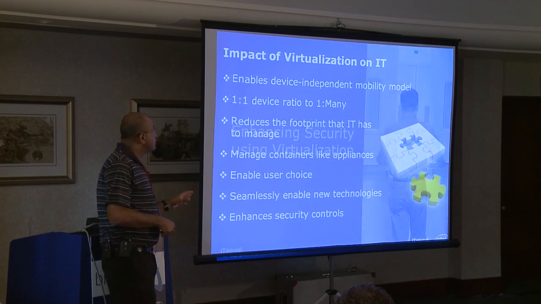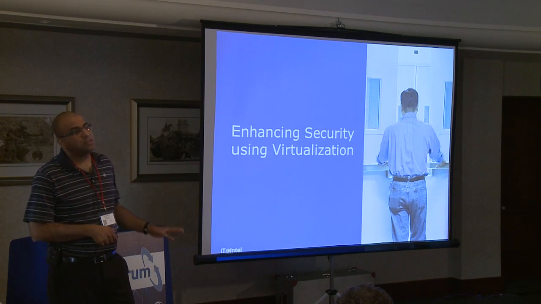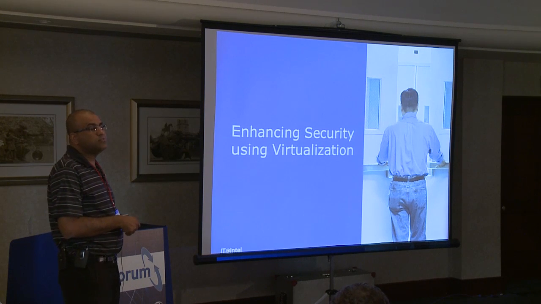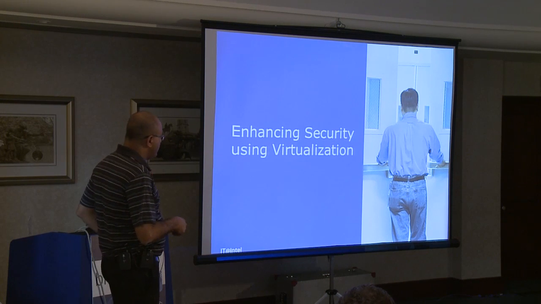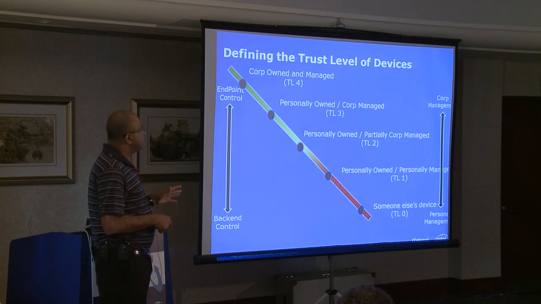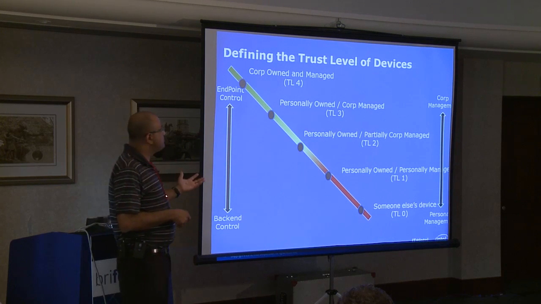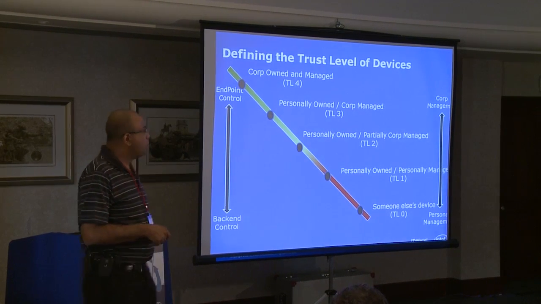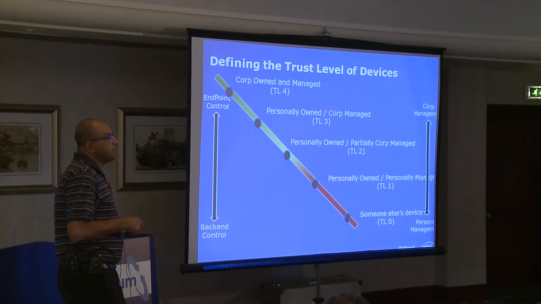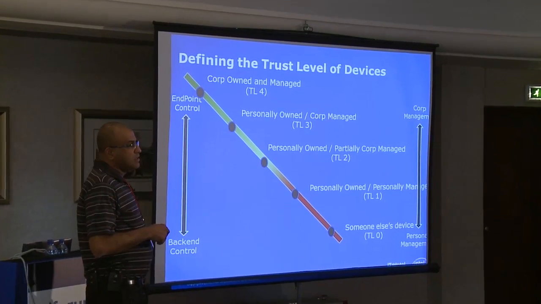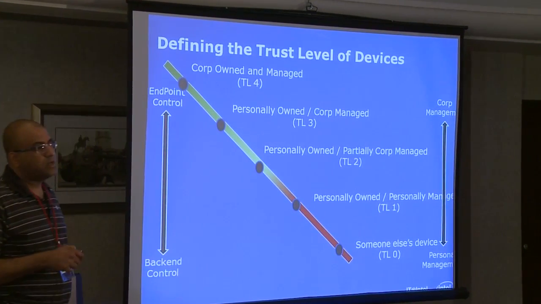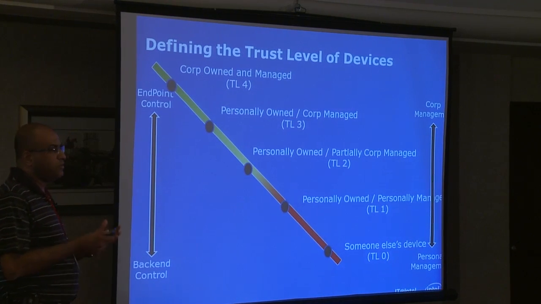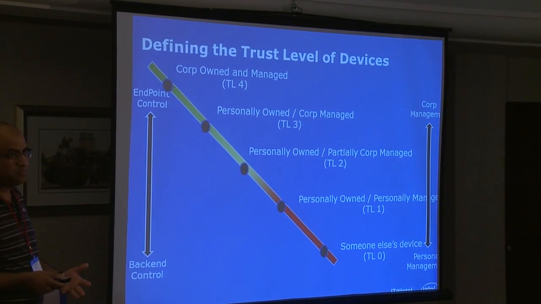Okay, now I'll talk about how we can enhance security using virtualization. This concept is developed internally within Intel IT, where we are defining a trust level of devices. We are giving every device a trust level based on who you are, where you are, and what type of device you're using.